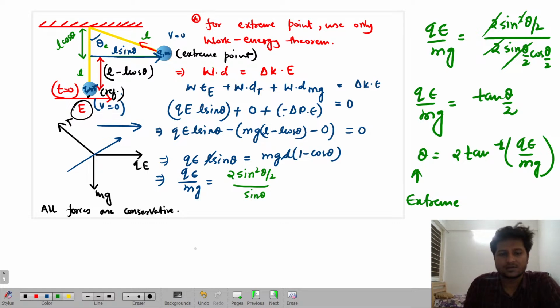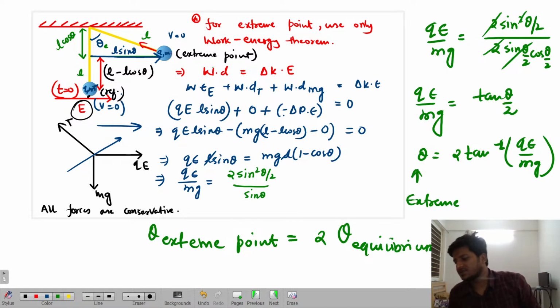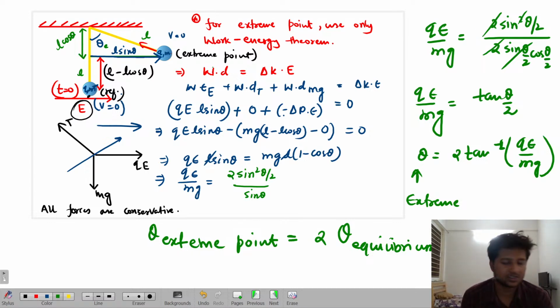And you see that theta of equilibrium is exactly equal to 2 times, sorry, क्या मैं लिख रहा हूँ, theta of extreme point mean angle subtended with respect to vertical for extreme point is exactly equal to 2 times angle subtended at equilibrium. यही तो होना चाहिए ना बेसिकली, है कि नहीं? जितना दूर तुम इक्विलिब्रियम पर जा रहे हो उसका डबल तुम्हें कहाँ जाना होगा, एक्सट्रीम पॉइंट पर.